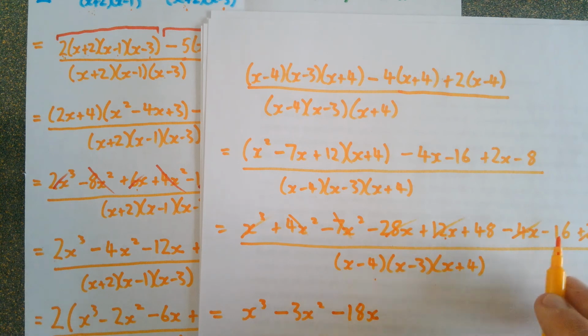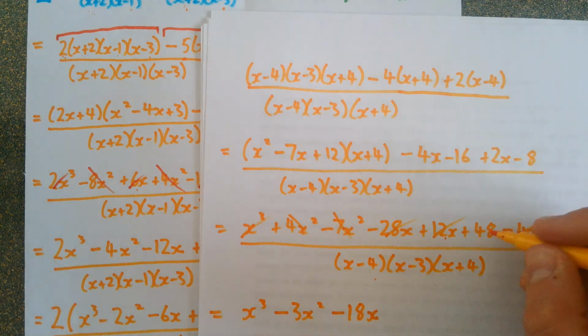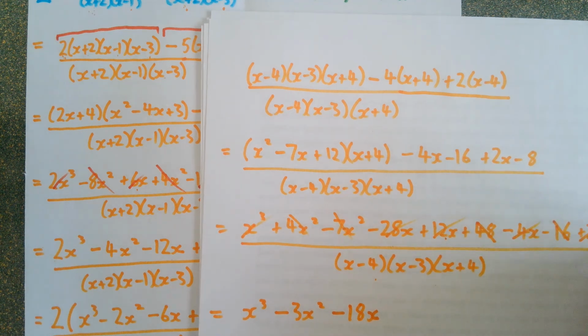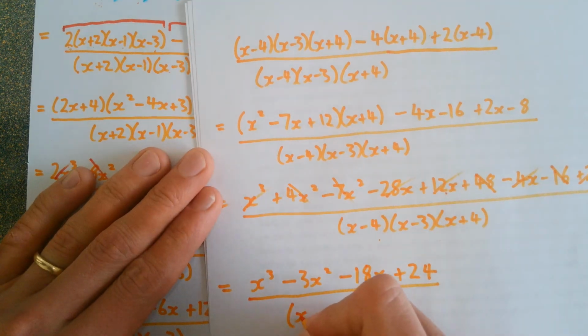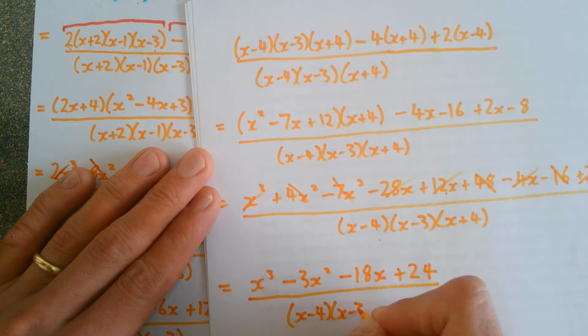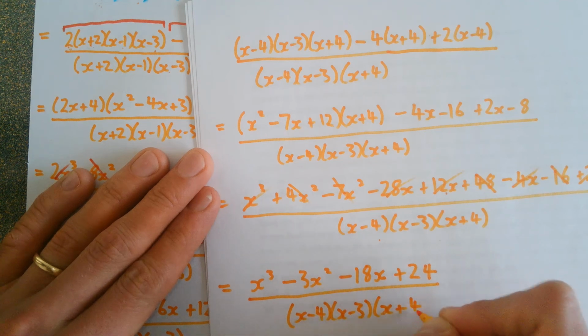And then the numbers, 48 minus 16 is 32, and then minus the 8 is 24. I think that's right. Okay. All over x minus 4, x minus 3, x plus 4.